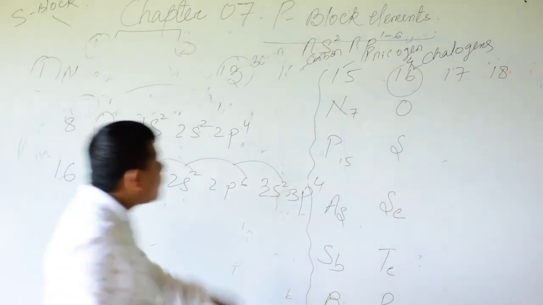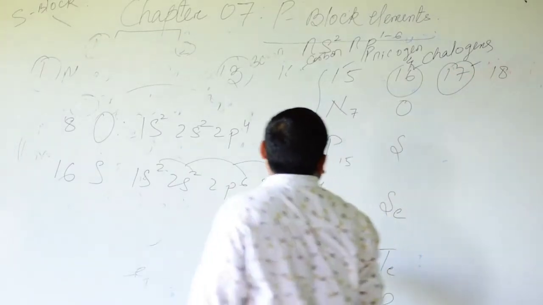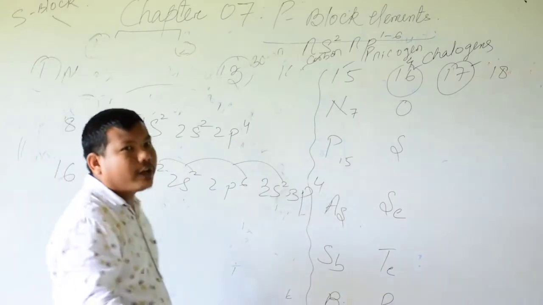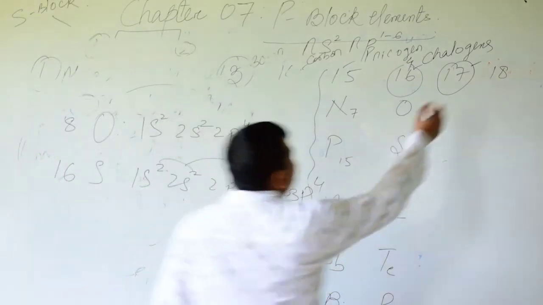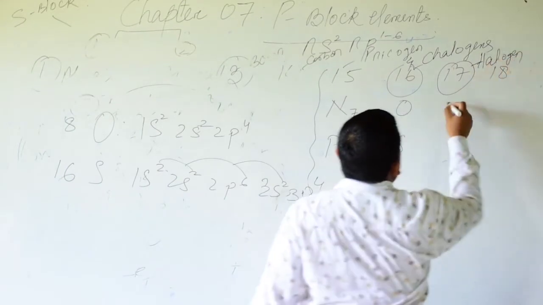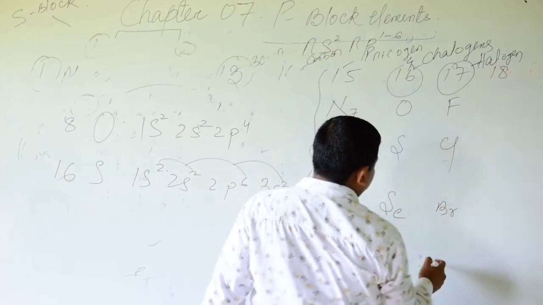Now group number 17, as we know, is a very simple one, which we very commonly bond with the organic part, that is a halogen. I'm writing over here halogen. Then we can write fluorine, chlorine, bromine, iodine.